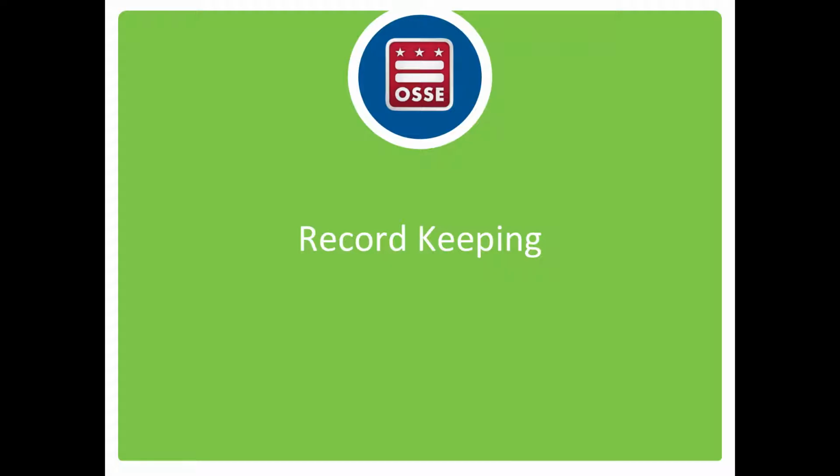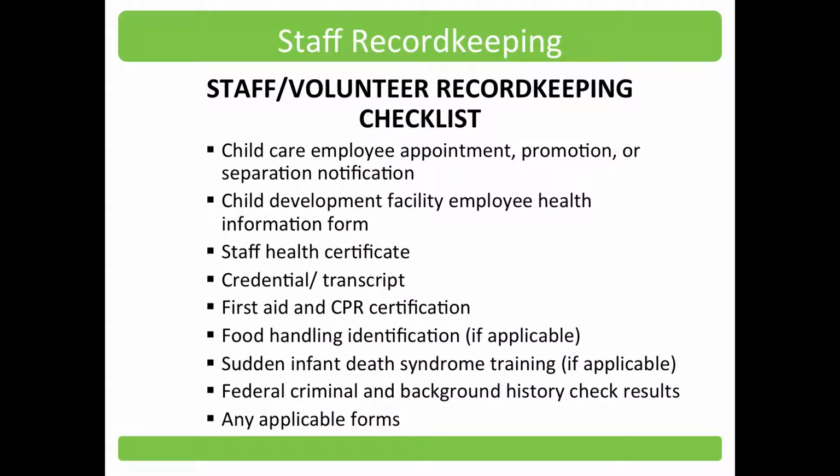Record keeping. In this final section, we will review record keeping requirements for children and staff. Staff record keeping. Staff/volunteer record keeping checklist. You may find this checklist helpful in making sure that all required records are in your staff person's file.